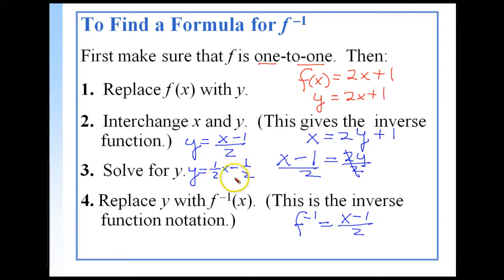So I now have it in slope-intercept form, where there's my new y-intercept and there's my new slope, compared to the y-intercept there and the slope there. Little technique that I thought might be useful.